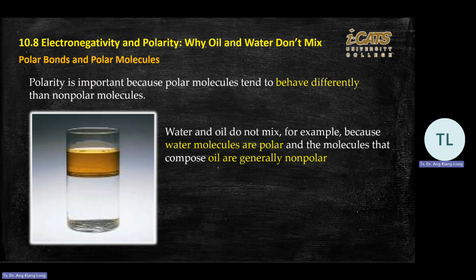Water and oil do not mix because water molecules are polar, and oil molecules are non-polar. Polar and polar can mix, because there are different charges. Imagine the positive can combine with the negative of another one, then they can mix.